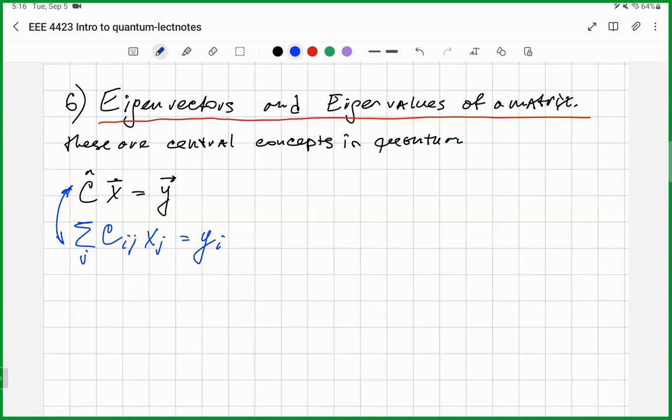Geometrically, what it means is that initially we had a vector like vector x, and then after applying this matrix C, we obtain another vector, something like this. So this is Cx, or y. That's a new vector. It changed in length and rotated by an angle. So basically it's another vector in the same space.